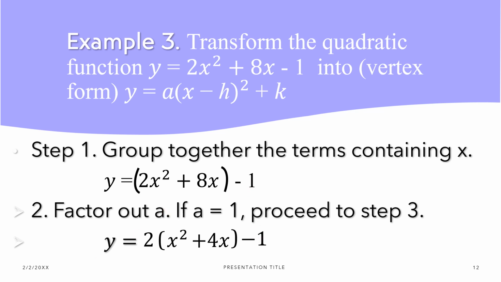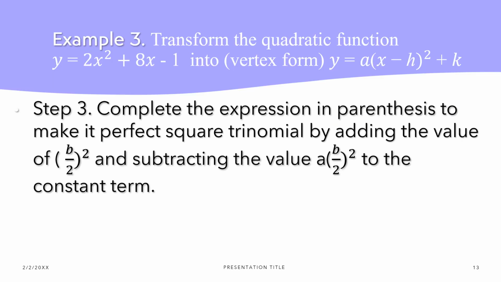Copy. Then, proceed to step 3. So, ito po yung nakuha natin sa step 2. Maglalagay lamang po natin sa space. So, anong ilalagay natin sa space dito? Mag-a-add po tayo ng value ng square of b over 2.